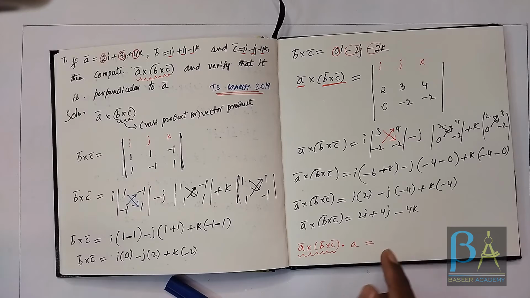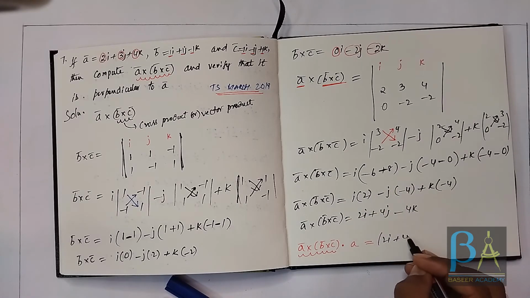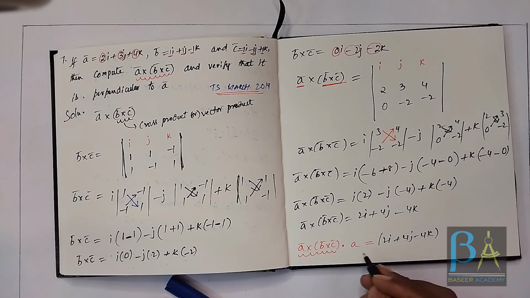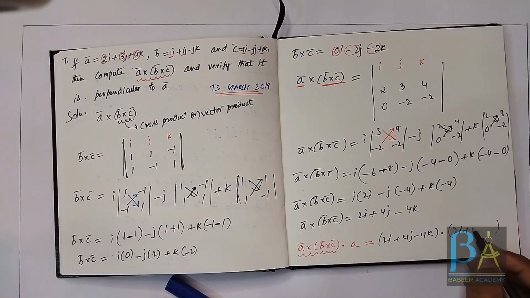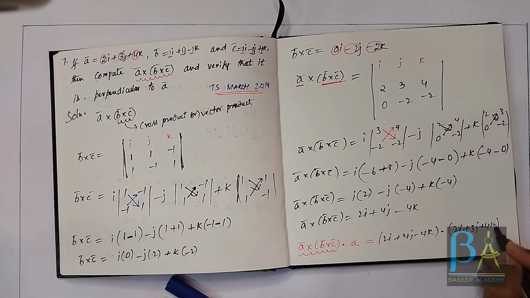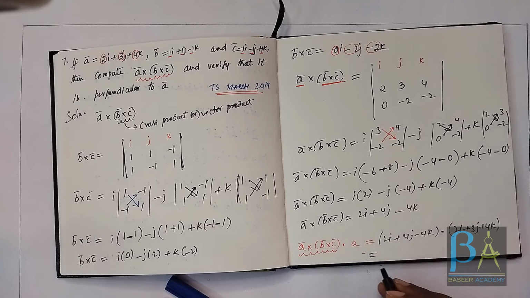A cross B cross C is 2I plus 4J minus 4K, so I'm writing it as it is, dot product with vector A. Vector A is 2I plus 3J plus 4K, and I told you finding the dot product is pretty easy.